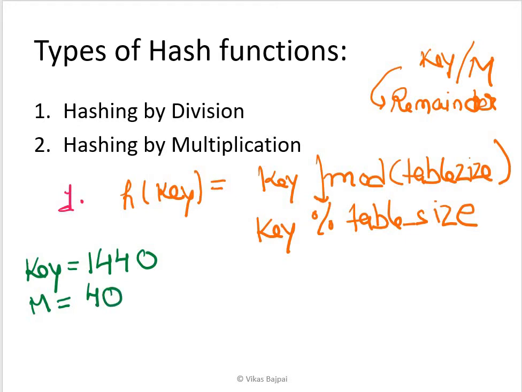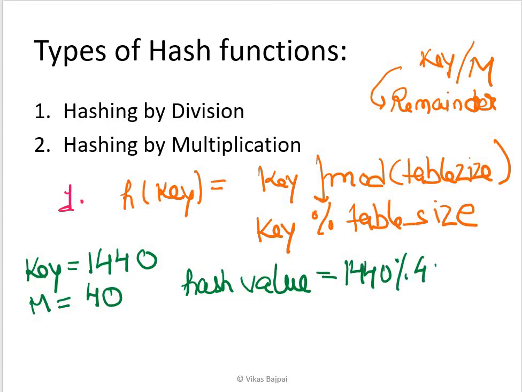So the hash value is 1440 mod 40, which turns out to be 0.